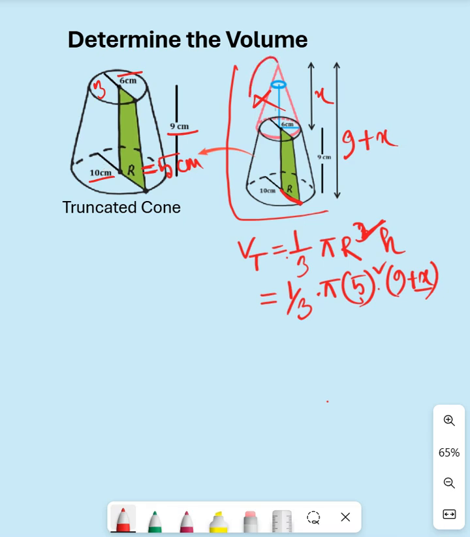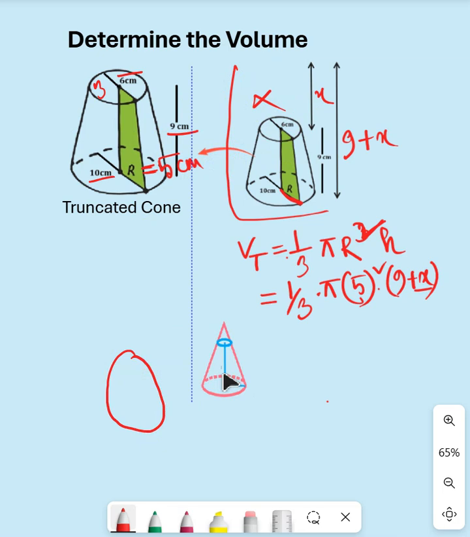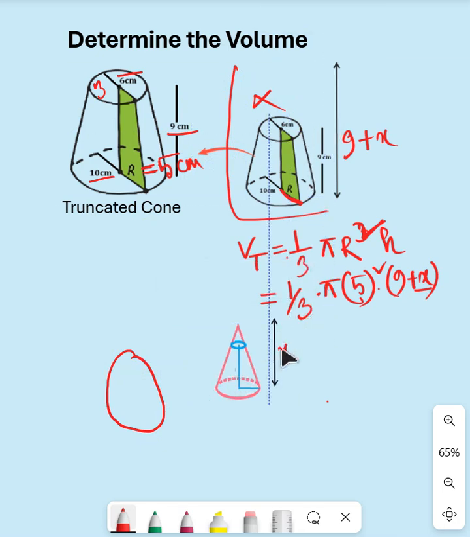Anyways, for this portion, it means this is the small cone. So for this small cone, let's say V equals 1 over 3 pi, and of course this portion's r will be the smaller r, so r squared, and r is equal to 3, we know.